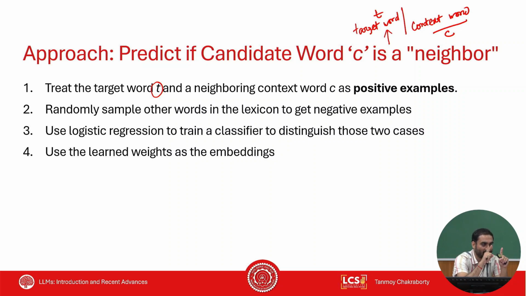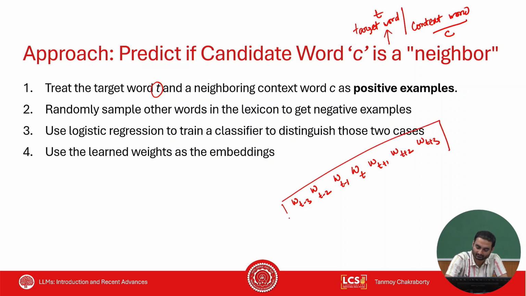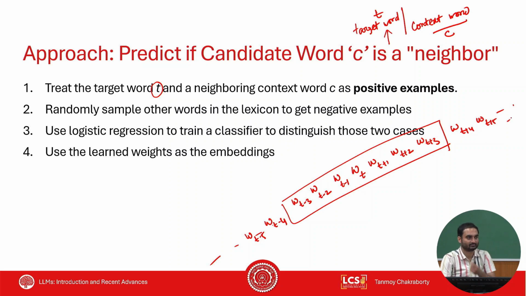So for every central word, I make a pair. Let's say WT is the target word, and WT minus 1, WT minus 2, WT minus 3, WT plus 1, WT plus 2, WT plus 3. This is the context size, the moving window size. And of course there are other words here: WT minus 4, WT minus 5, WT plus 4, WT plus 5, and so on and so forth.